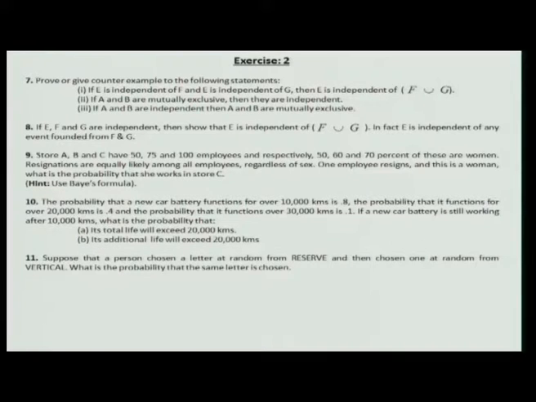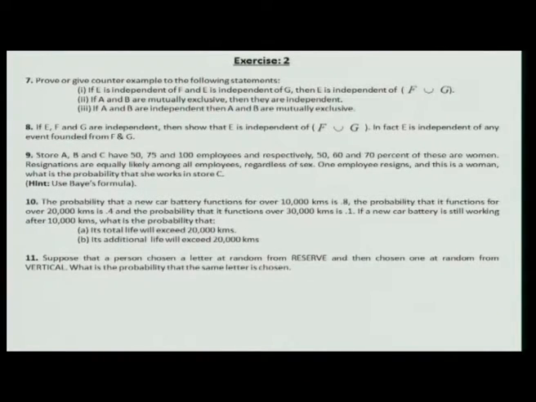Now, stores A, B and C have 50, 75 and 100 employees, and respectively 50, 60 and 70% of these are women. That means store A has 50 employees of which 50% are women, so you can immediately say that 25 are women. Similarly, 60% of the employees in store B are women, and 70% of the employees in store C are women.